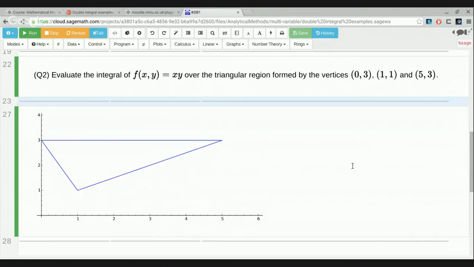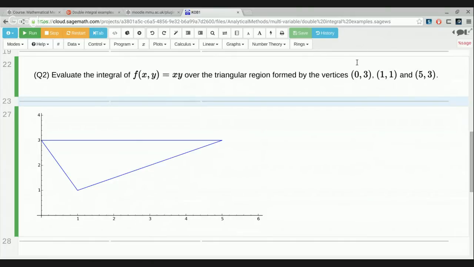So here we want to integrate f, which is just the product xy, over this triangle shape. So just the double integral over this triangle.